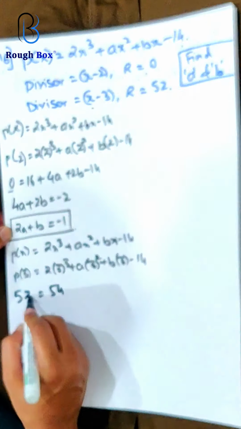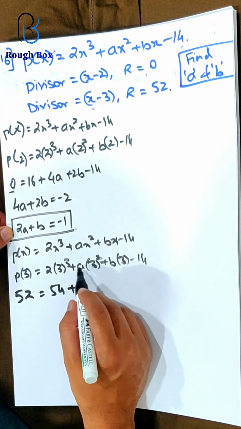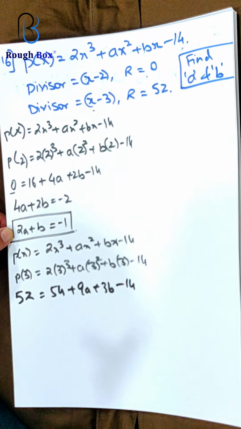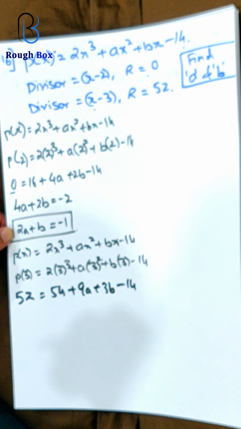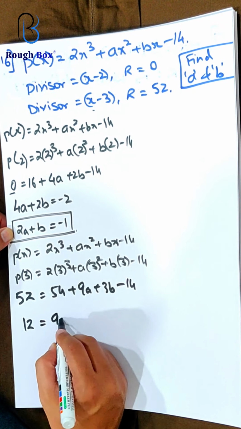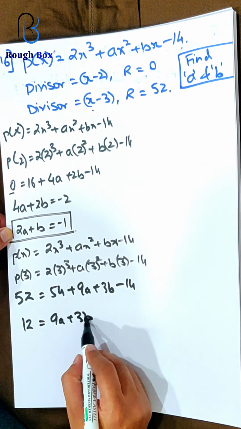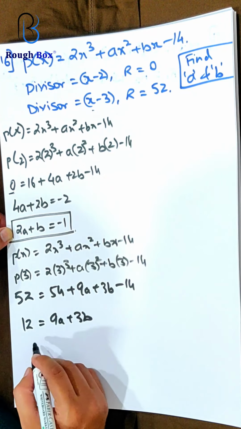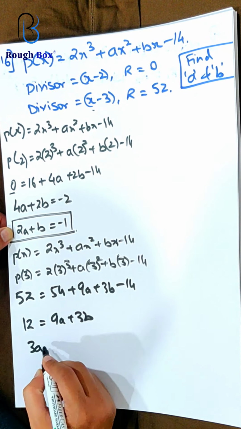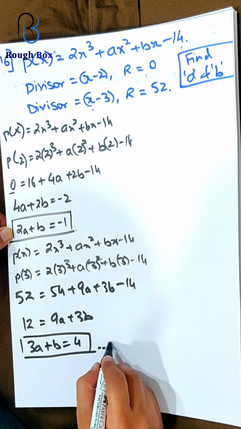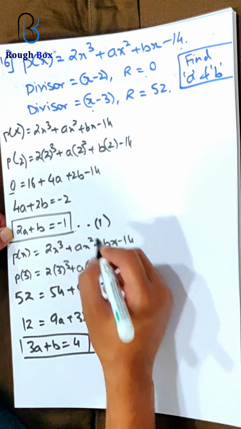The remainder is 52, plus 3 square, 9a plus 3b minus 14. So 54 coming here gives me minus 2 plus 14, so 12. I hope I am doing it correct. Let me recheck it to be sure. So this will give me 40. 40 coming here, 12. Correct. Dividing by 3, so 3a plus b equals 4.